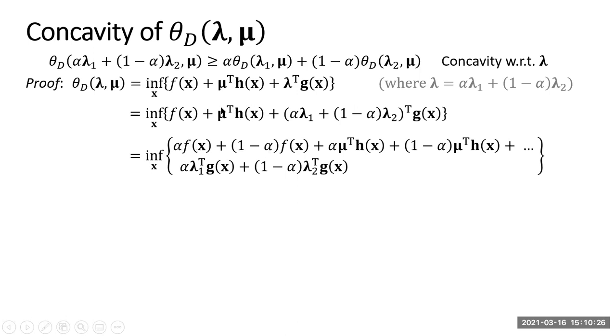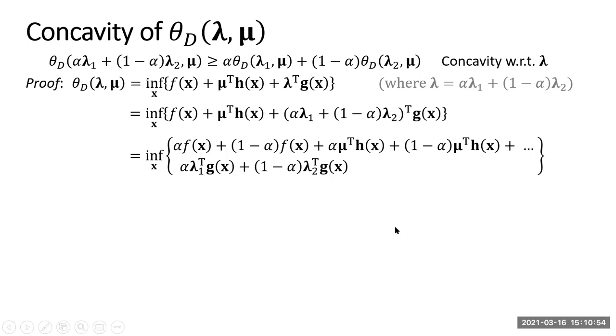This mu transpose h of x, I've replaced with alpha mu transpose h of x plus 1 minus alpha mu transpose h of x. And then this alpha lambda 1 transpose g of x, and then 1 minus alpha lambda 2 transpose g of x. Okay, you guys are with me, right?